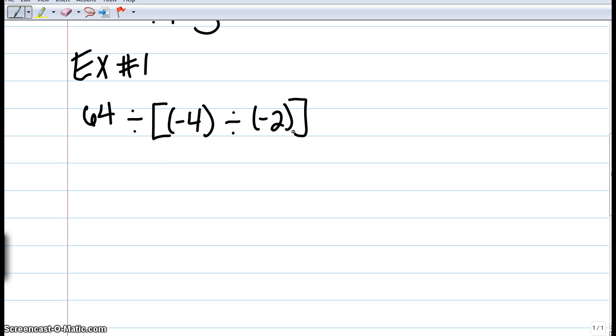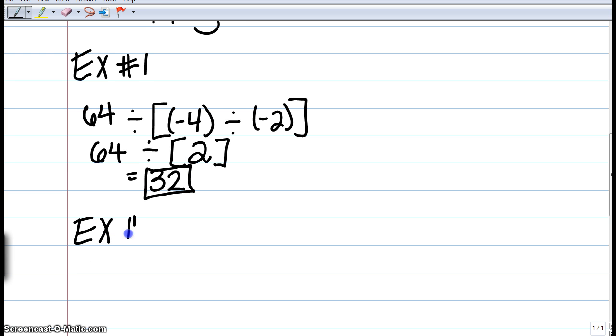Because of order of operations, we have to make sure that we do what's in the brackets first. So we have a negative divided by a negative, so we know our answer is going to be positive. 4 divided by 2 is 2. And then you have 64 divided by 2, which equals 32.